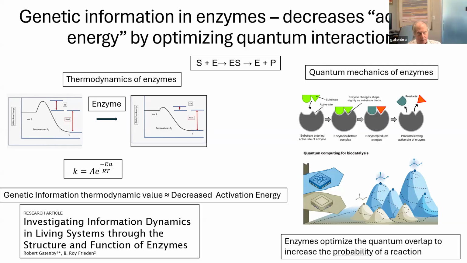That said, although it's captured in the Arrhenius equation as this decreased activation energy, the actual mechanism is at a quantum level. Essentially, the enzymes capture the substrate and optimize their quantum interactions to increase the probability of a reaction, so that the speed is really the manifestation of this increased probability.